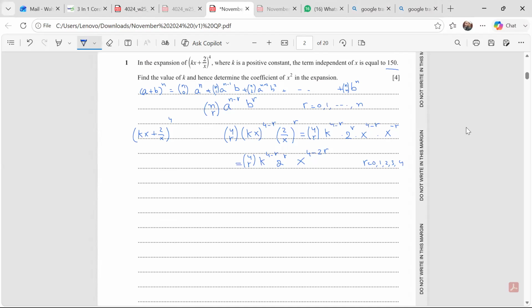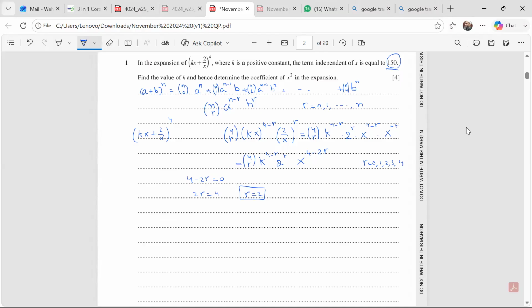Now it is given that the term independent of x is equal to 150. Term independent of x means that the power of x is going to be 0. So 4 minus 2r is 0, which means 2r is equal to 4, or r is equal to 2. So when r is equal to 2, this expansion will have no x in it.